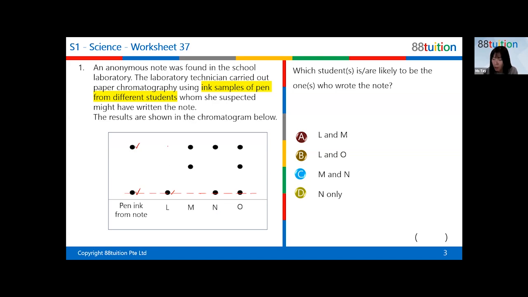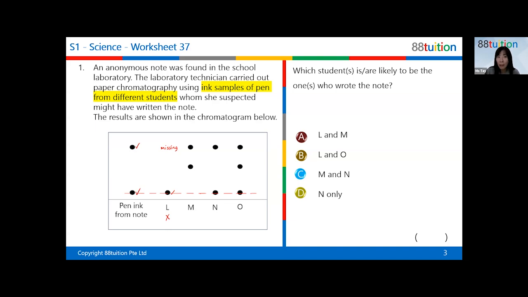Okay, but because this is missing, therefore, it cannot be this person or this pen that was used to write the note. Clear? So I'm explaining all this slowly because I want you all to know, in order to identify which is the correct pen that was used to write whatever note that's left inside the science lab, you must make sure whatever appears in the suspect ink, the chromatogram must have the exact spots as the one from the note.